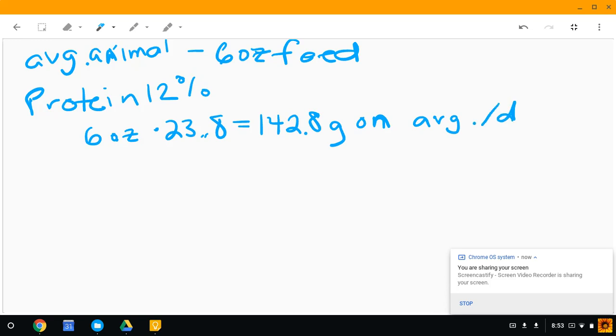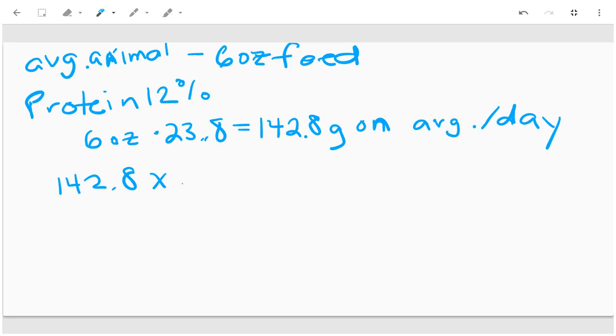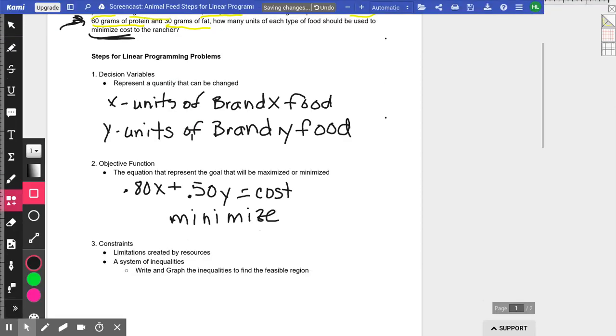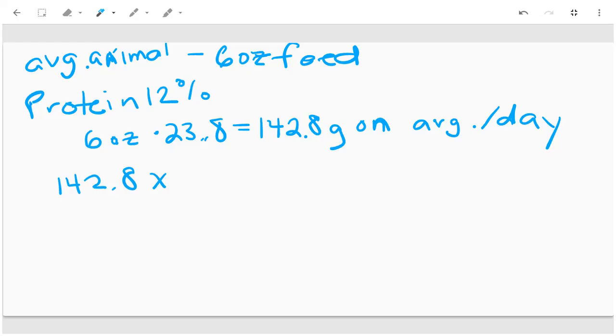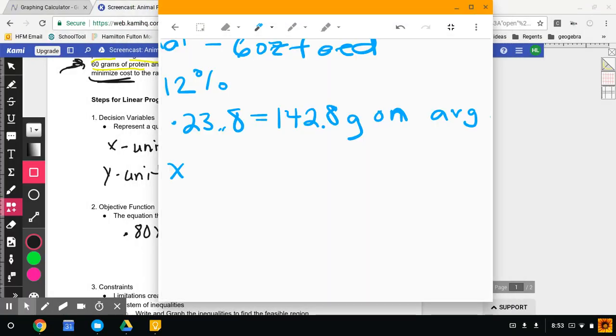So taking that into account, if they're going to do 12% protein, I need to find out what is 12% of 142.8. So I'm going to multiply by 12%.